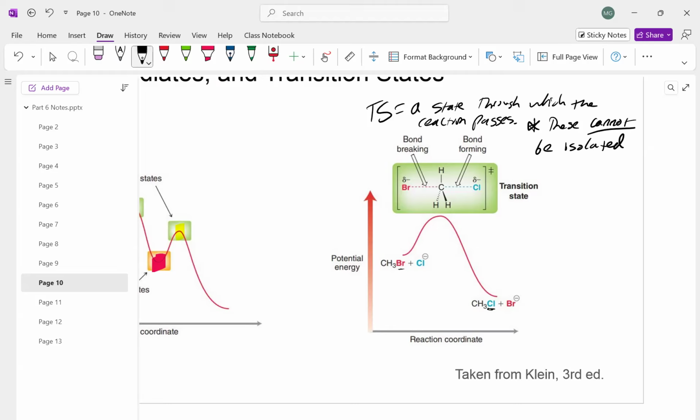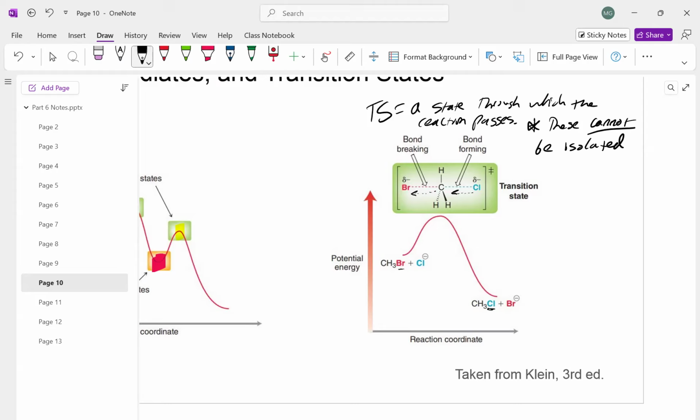And so what happens is as the chlorine is approaching that carbon, the bromine is leaving that carbon. And a transition state looks a little bit like the reactant, a little bit like the product. Sometimes it looks more like one than the other. I'll talk about that in a little bit. But a transition state is not something that we can isolate. We cannot isolate this compound with the chlorine sort of bonded to it and the bromine sort of leaving it.